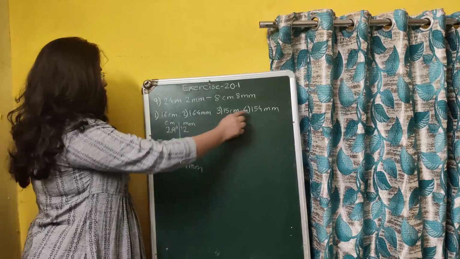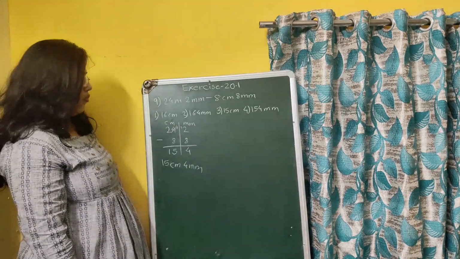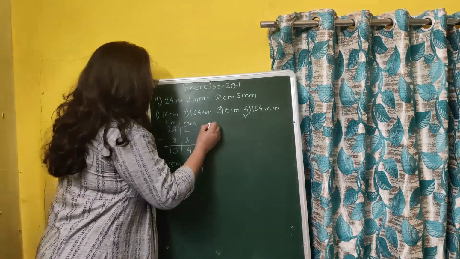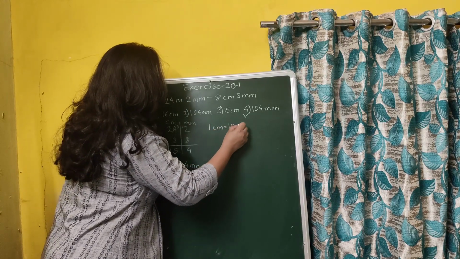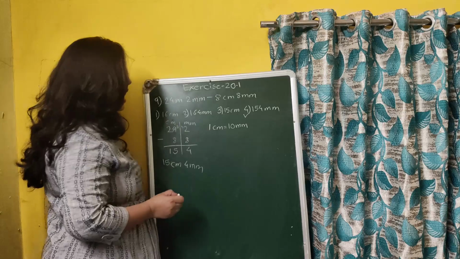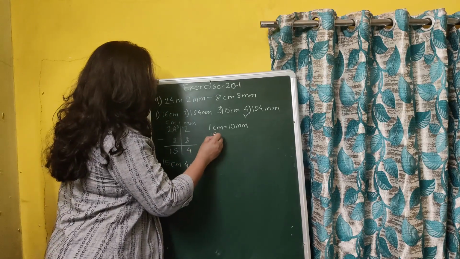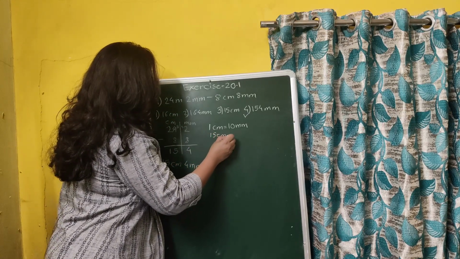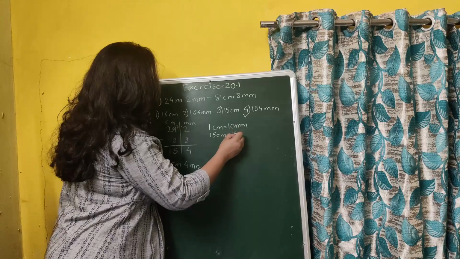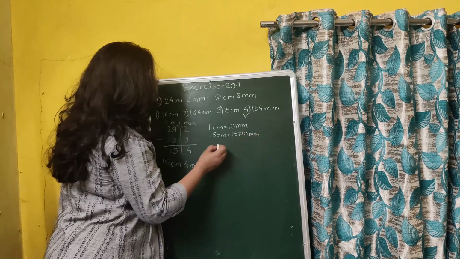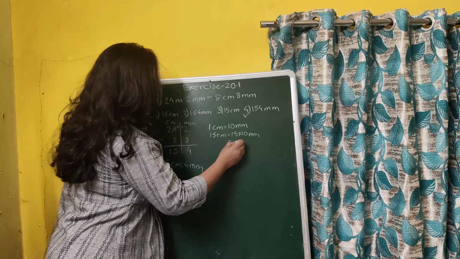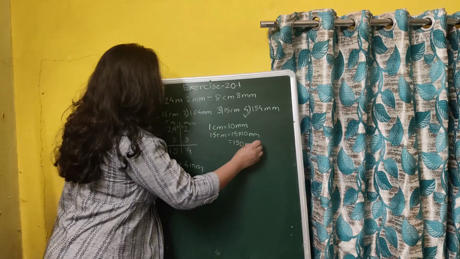But is this there in the options? No. So how can we do it is: 1 centimeter is equal to 10 millimeters and 15 centimeters is equal to 15 multiplied by 10 millimeters. So that becomes 150 millimeters.